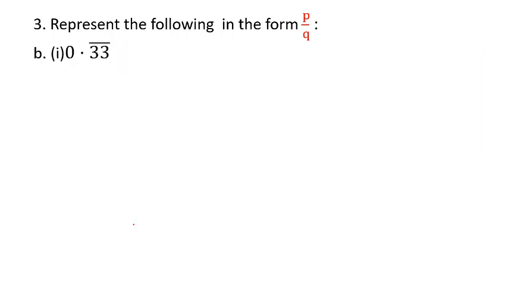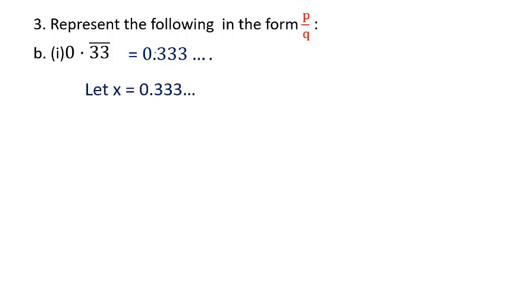Okay, now let us solve a different type, the bar type. What does the bar mean? Repetition of 3. As I have already told you, 0.3 bar or 0.33 bar, both are the same. So 0.3333 dot dot dot up to infinity. In this particular type of sum, how will you solve?